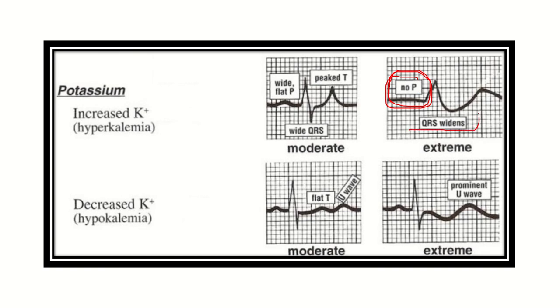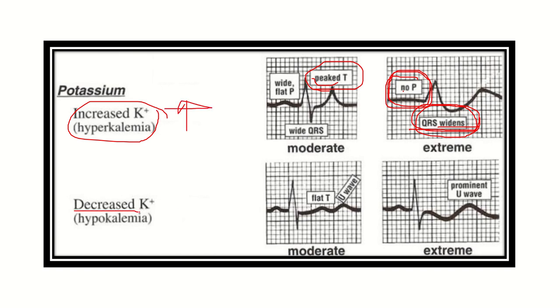Then the QRS widens, so QRS is increased in high potassium level. We can also see the tall peaked T wave. So P wave absent, tall peaked T wave, and wide QRS complex are the features of increased potassium concentration, or hyperkalemia.